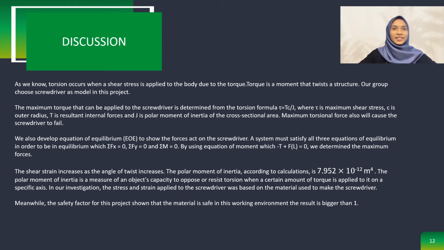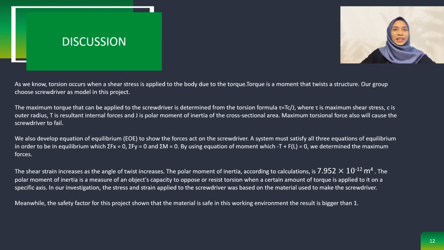In this question, as we know, torsion occurs when a shear stress is applied to the body due to the torque. Torque is a moment that twists a structure. Our group chose a screwdriver as the model in this project.